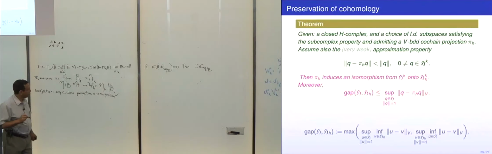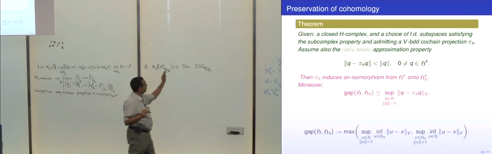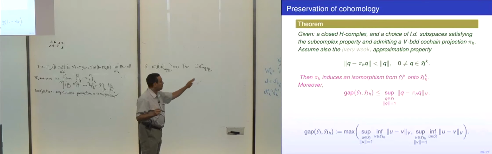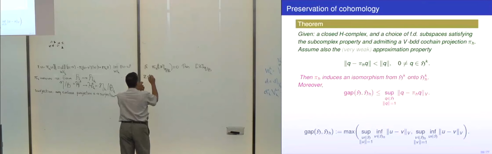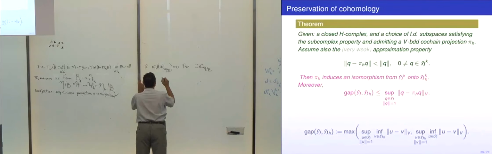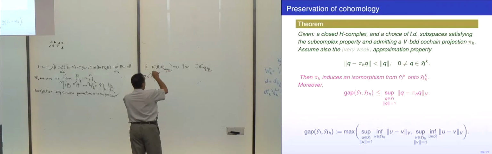Right? That's what it means to show it's an injection. If it takes something to 0, that thing was already 0. So we take a Z in the cycle space, and what's the map that pi induces on Z?